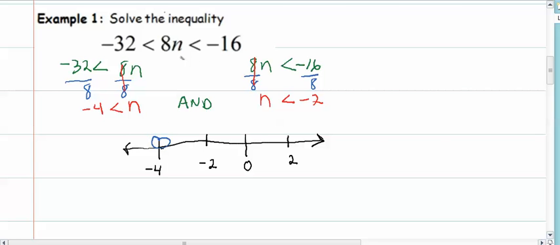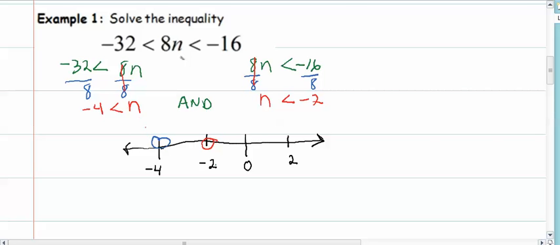And then I look at this one. I look at negative 2. That's my beginning point for graphing this one. Negative 2 is right here, and again it's open, there's no line under it. Now I go back to negative 4.